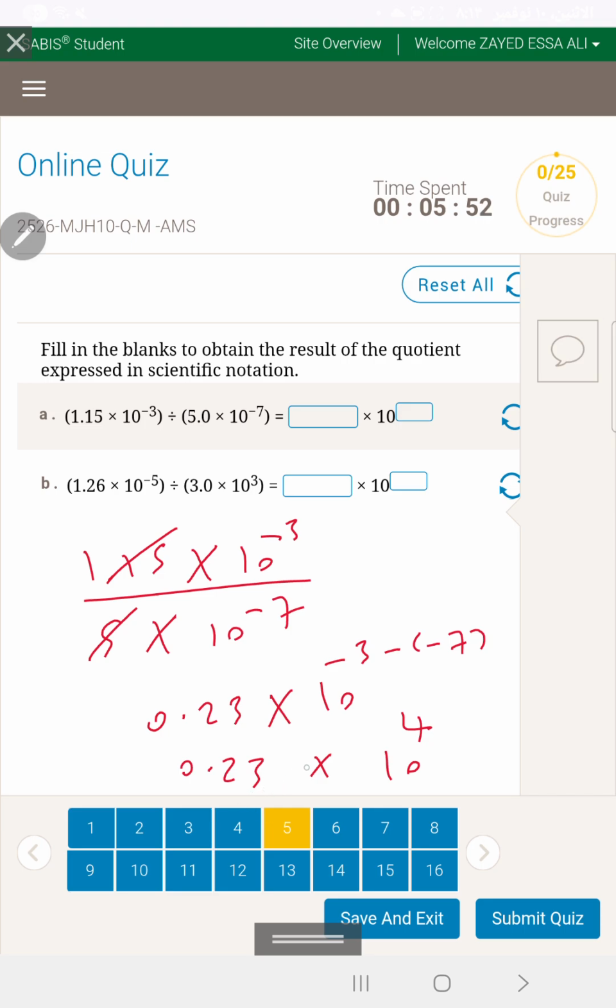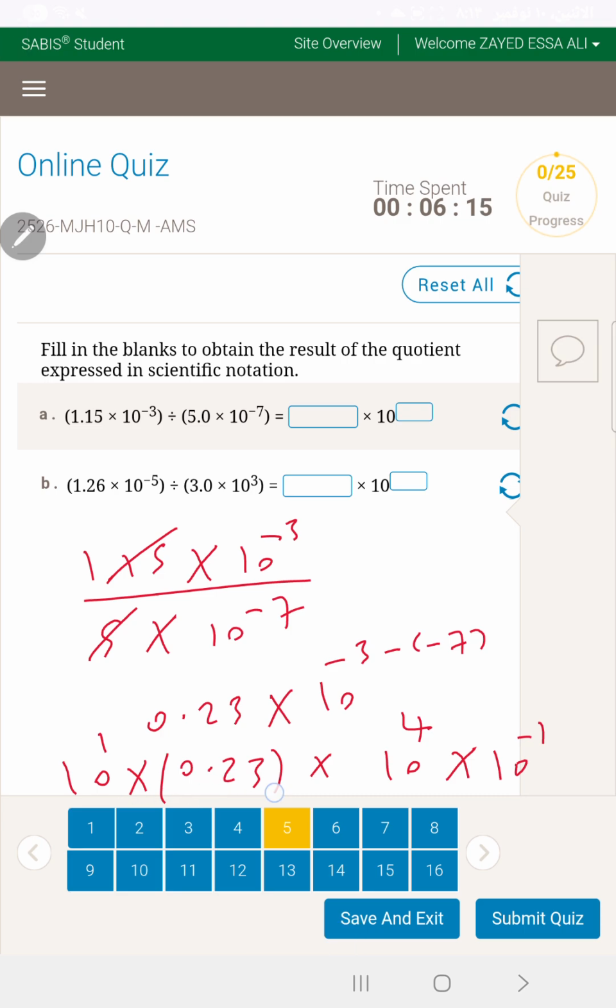Now here you have to multiply this number by 10, and then in order for the question not to change, multiply by 10 to the power of minus 1. So actually you're multiplying by 10 to the power of 1 and 10 to the power of minus 1 in order to balance the question, for the question not to change.